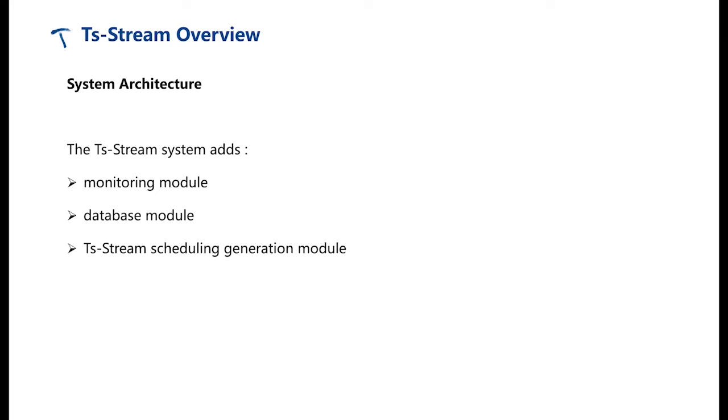In terms of system architecture, our solution provides three new modules to a standard Storm stream computing system. They are the monitoring module, the database module, and the TS-Stream scheduling module.